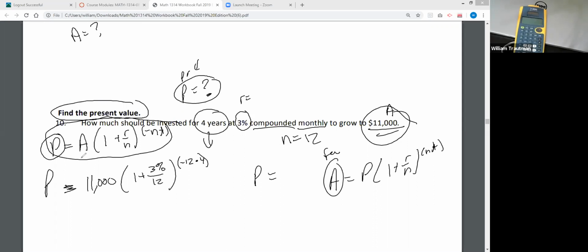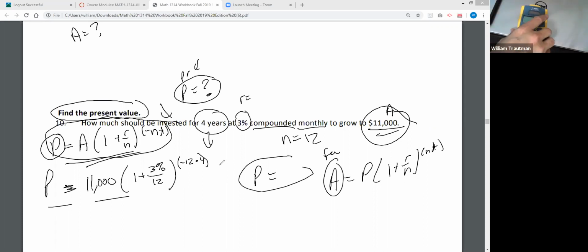This one, we're finding the present value. It's a different formula. There are two different formulas on the formula sheet. It's really important to know if you're looking for the future value or the present value. And if it says how much should be invested, that means how much do I put in the bank now? That's present. So that's why we're looking for P in this problem.